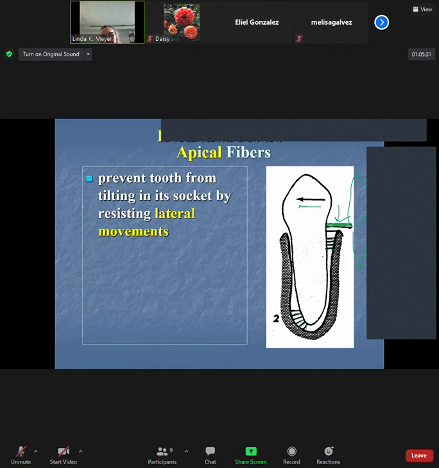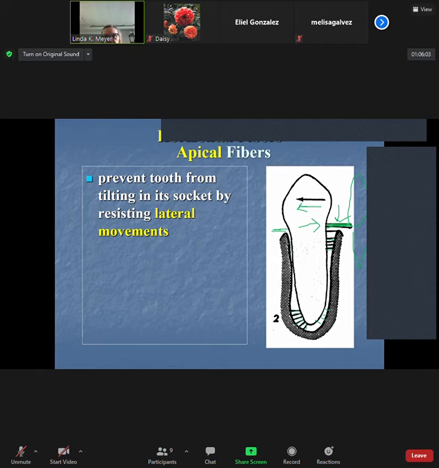So horizontal fibers of the PDL, apical fibers, and transeptal fibers actually work to keep the tooth from tilting in its socket. So if the force were going the other way, it would be the horizontal fibers right here, and then the apical fibers on the side to which the force is directed, and then the transeptal fibers on this side.